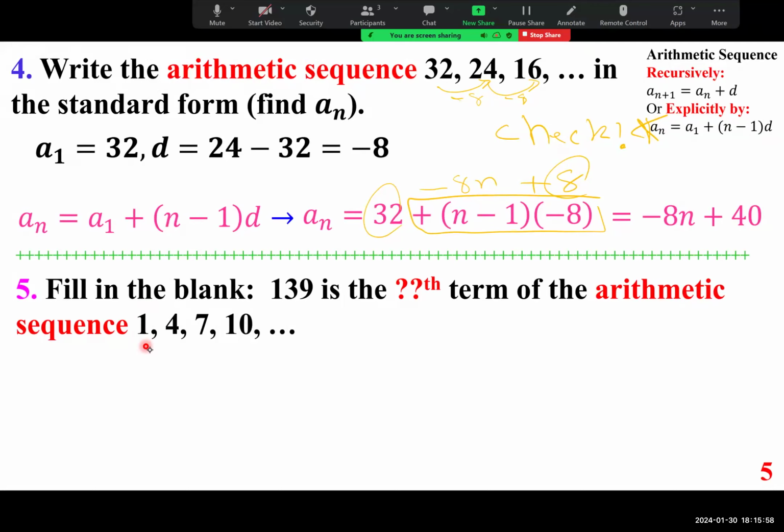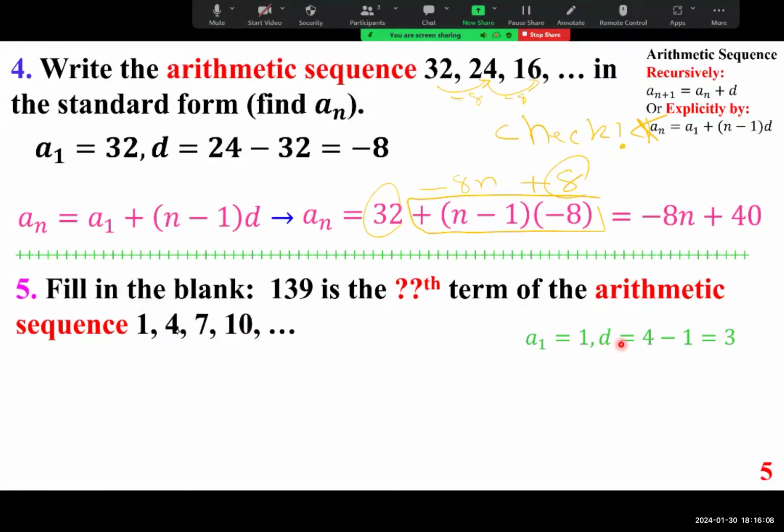This one has A sub 1 equals 1, and here's the difference. We are adding 3 again and again. So A sub 1 is 1, these 4 minus 1 is 3, and you want to check it. 7 minus 4, 10 minus 7, all of them are the same.